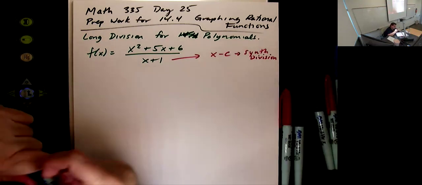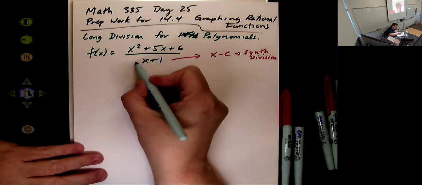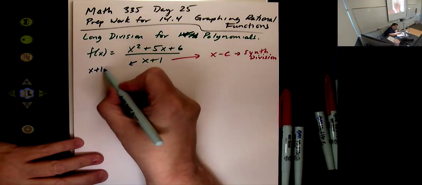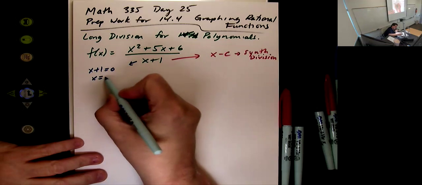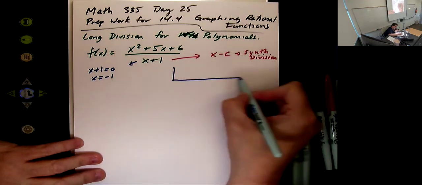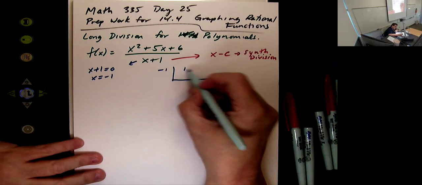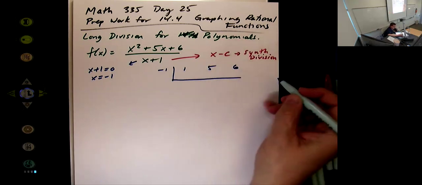So when we do synthetic division, we set that equal to 0 and solve. We get x equals -1, and that's what goes on the outside. We've got 1, 5, and 6.